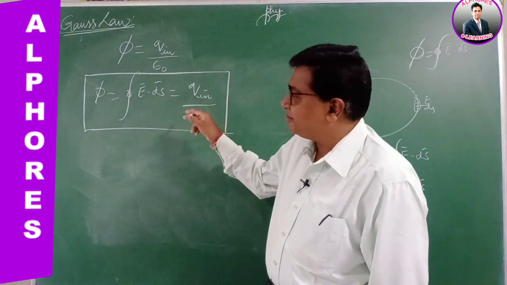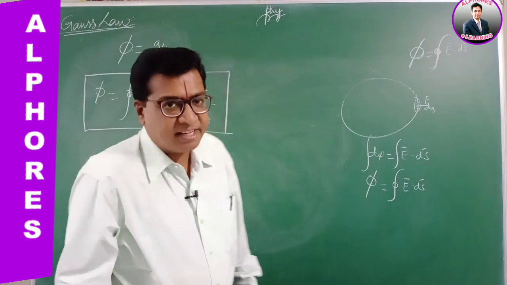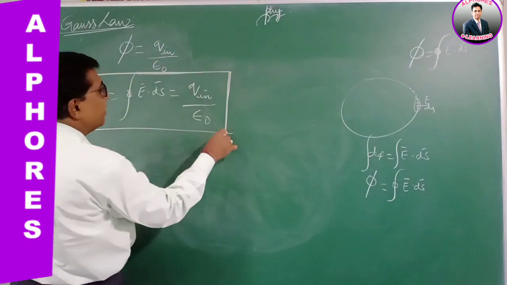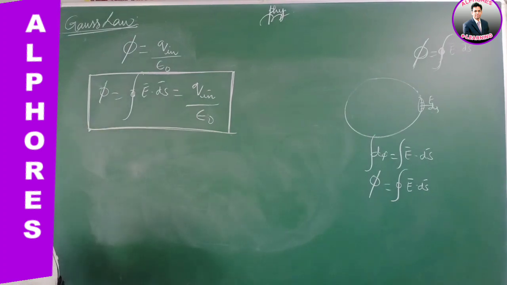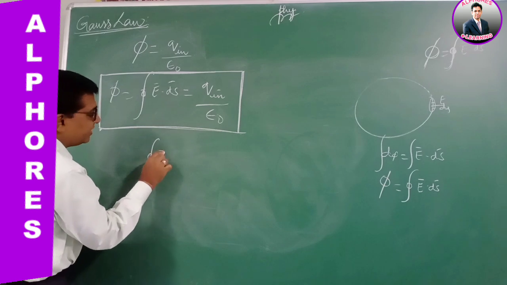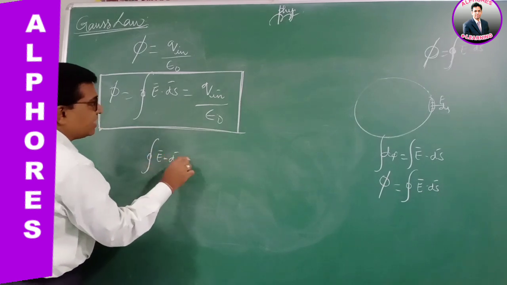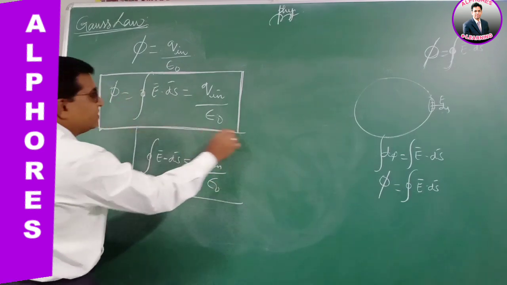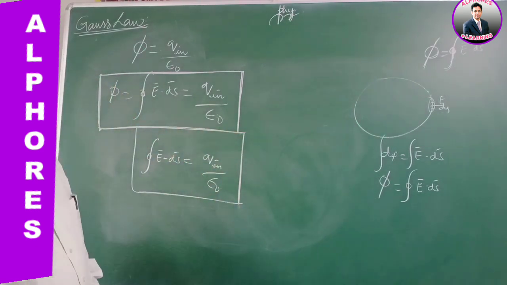So the integral E dot ds is equal to q inside by epsilon naught.